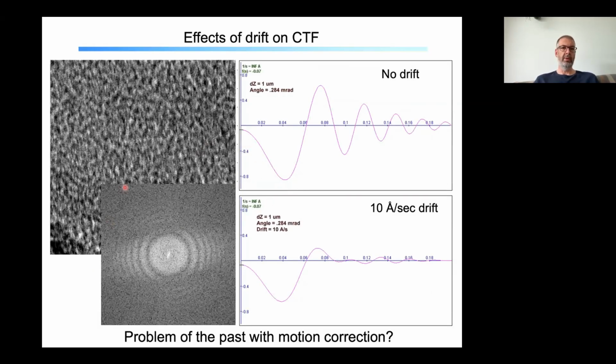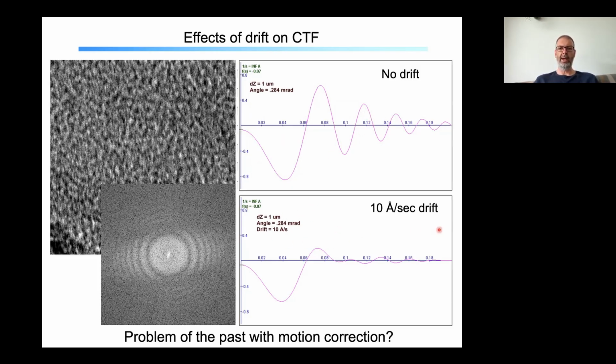So again, we can have a look at the drifts. If we take an image of a drifting piece of carbon film and plot the defocus of that, we get these nice Thon ring patterns if there's no drift.